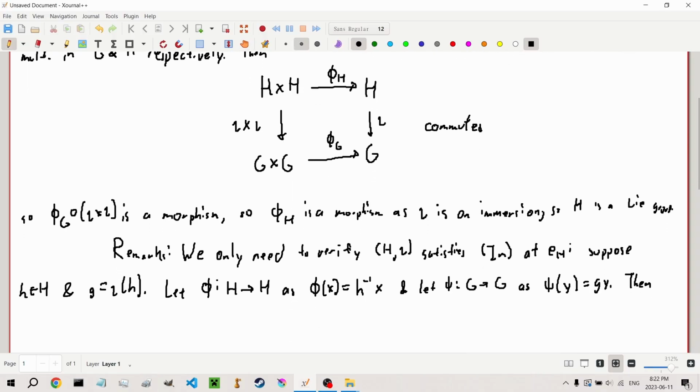Then we know that phi of h is going to be the identity on H, C of the identity on G is going to be g, and that iota is going to be C composed with iota composed with phi. Since g is the image of h, it's going to invert with itself and cancel out.